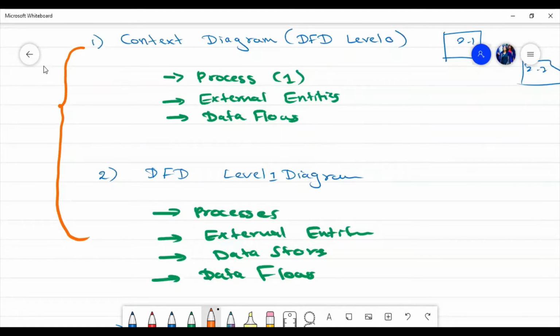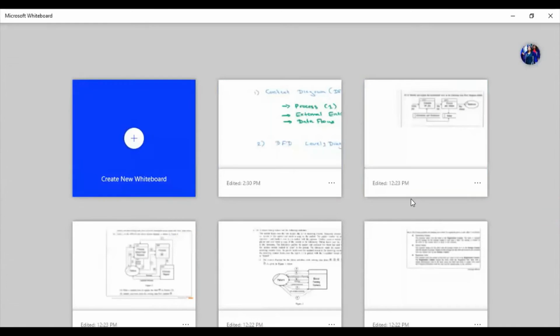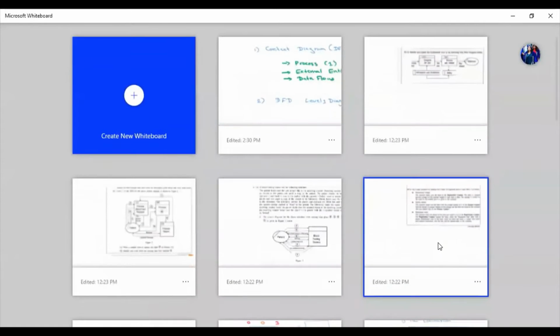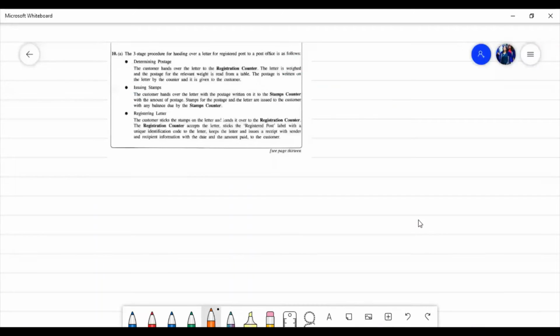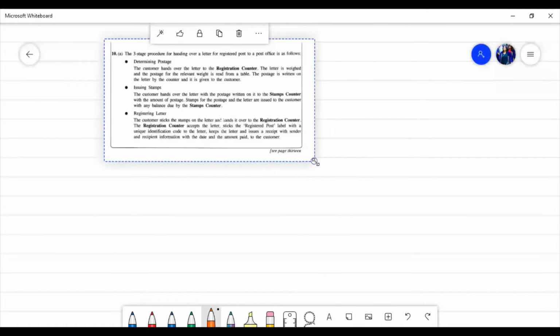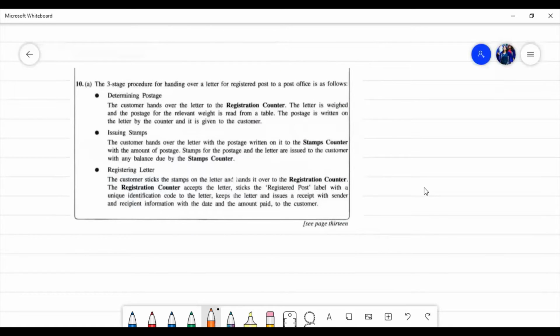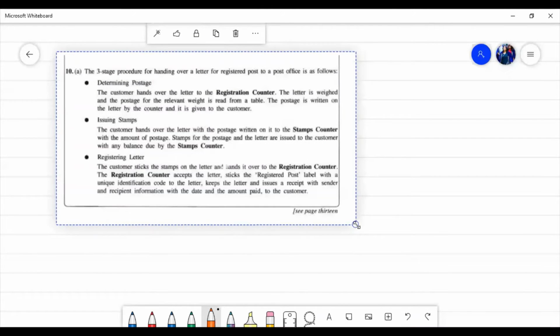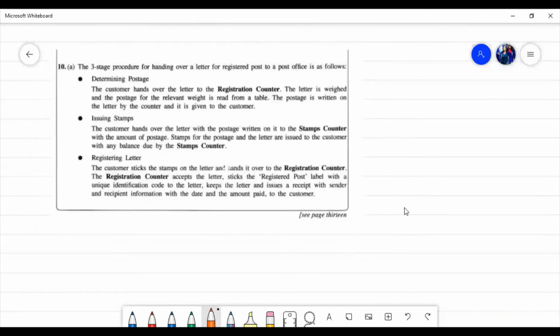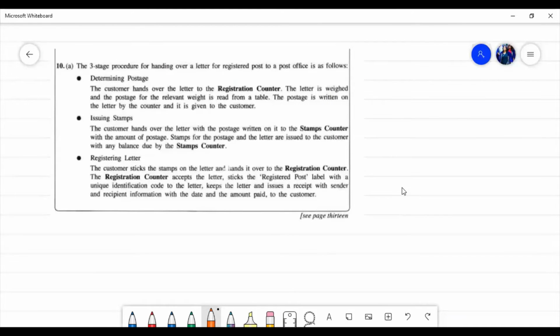I have selected a question which is available in your past paper from the 2020 paper, right? Sometimes you may have already tried this, right? So let's see how we can come up with the context level and the level 1 DFD diagram. When you're given this type of question, this is really easy to score, actually, right?